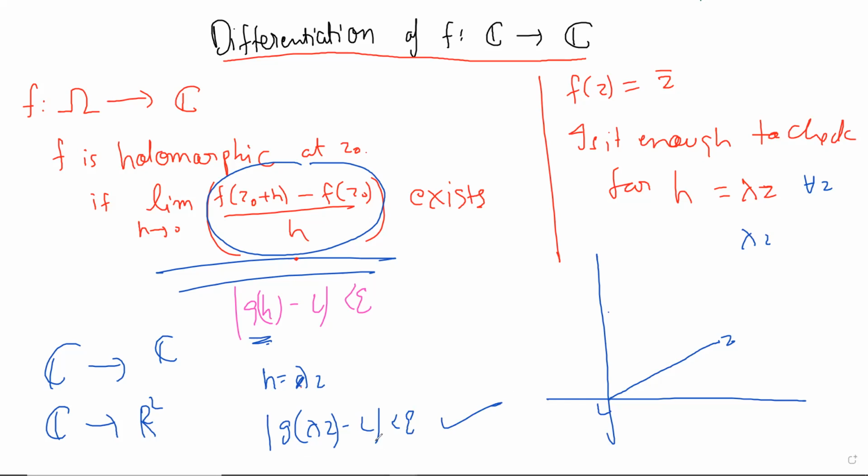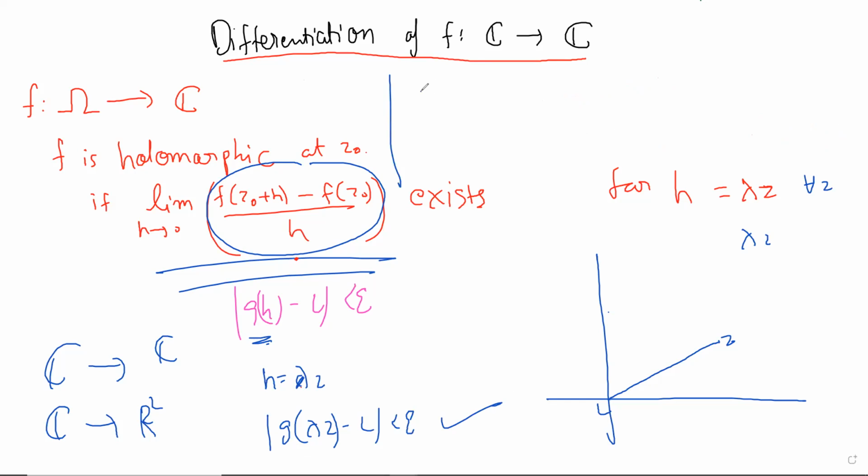Let's say for z1, this can be made into an interesting problem: the limit as lambda goes to 0 of g(lambda z1) is equal to L. This means that you are approaching along that line. Because z is constant, only lambda is changing, it's like a real function only. Now also it is given that the limit along lambda z2 is also L.